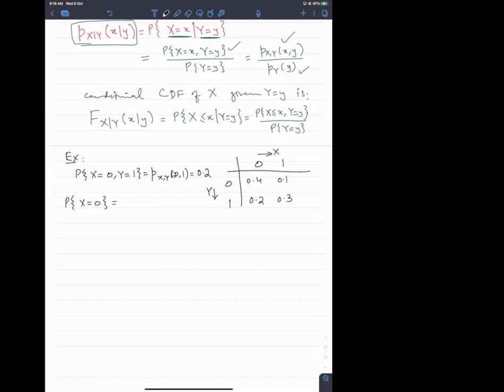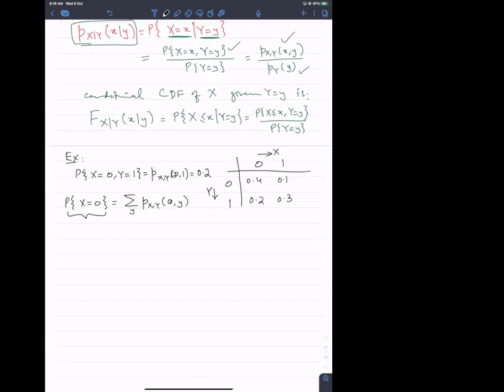This is the marginal PMF of X, which is obtained by summing over all y the PMF of X and Y. And this we are evaluating at X is equal to 0, so here X is equal to 0.